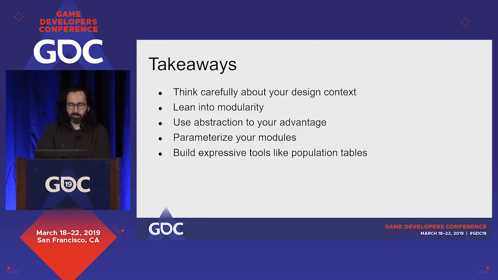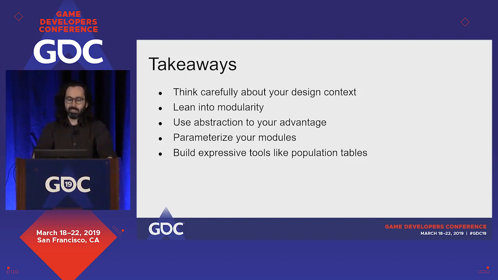So this is a complex system. Takeaways might be valuable, they might not be, but here are a couple of nuggets, patterns in our systems that we tend to find ourselves reusing over and over. Like I mentioned at the beginning, you want to think carefully about your design context.